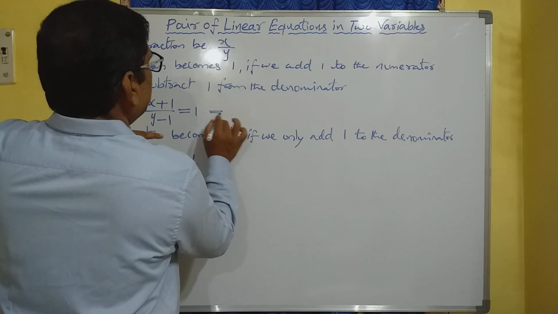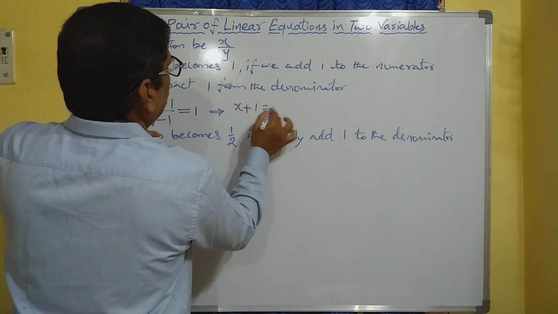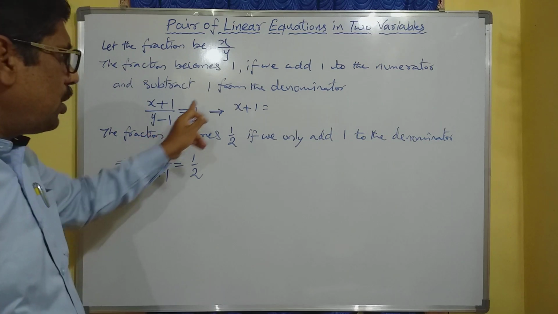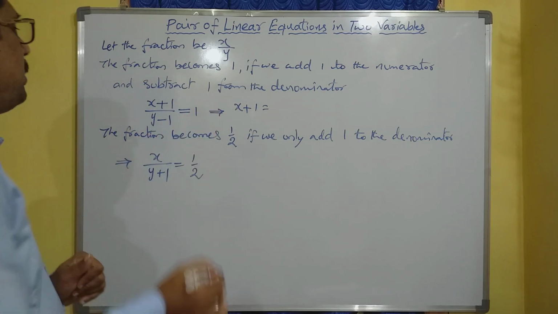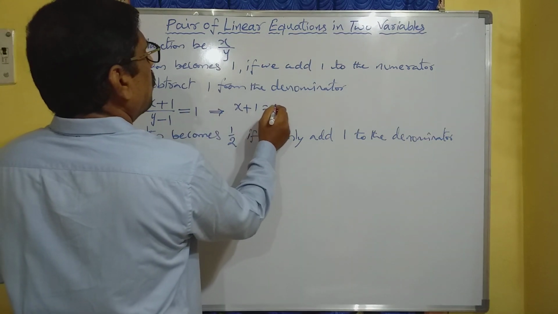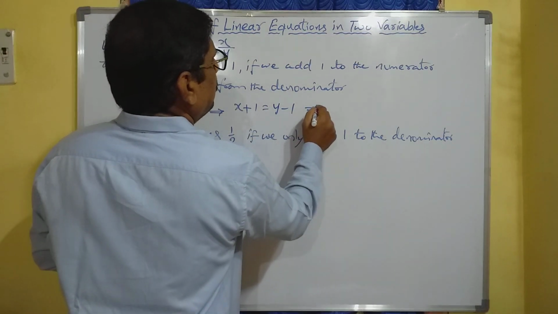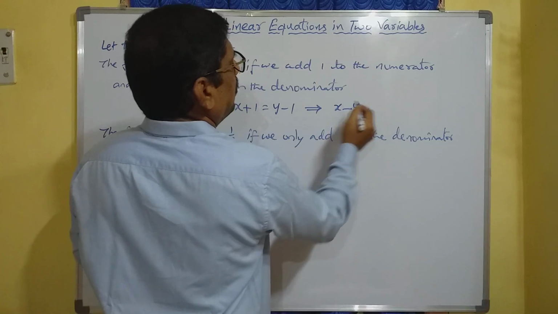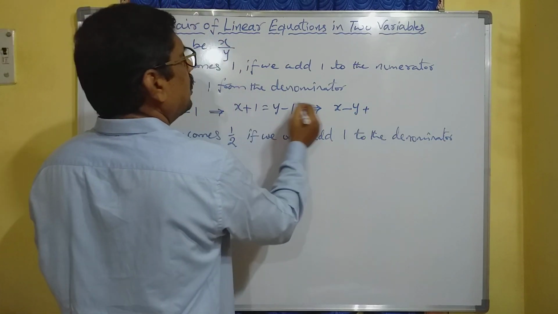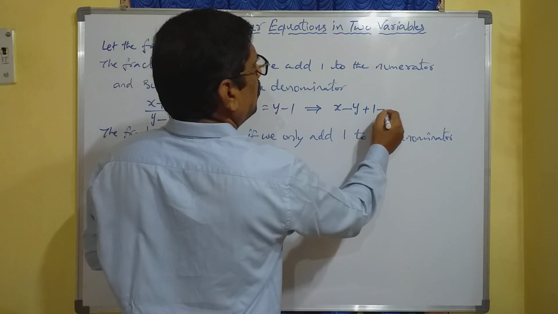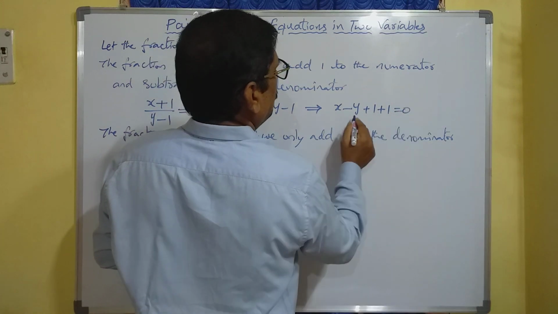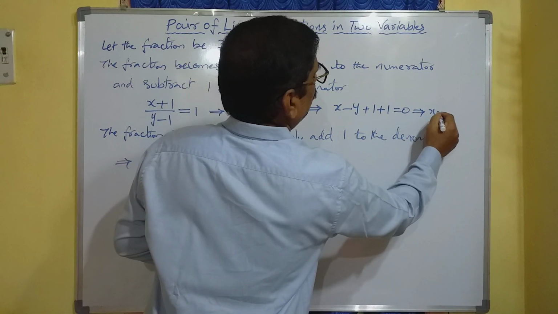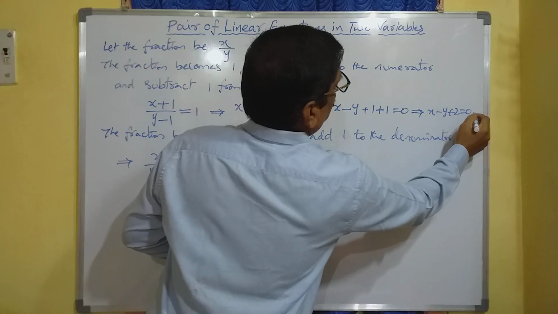Let us simplify this. x plus 1 is equal to, if you take the denominator to RHS, if you transpose it, y minus 1 into 1 is y minus 1. This implies x, you can take y to LHS, minus y, here plus 1, and if you take minus 1 to LHS, we get plus 1. So we get x minus y plus 2 is equal to 0.